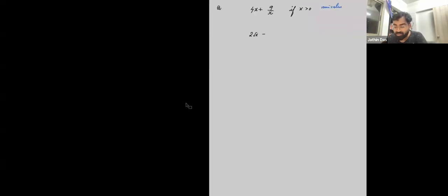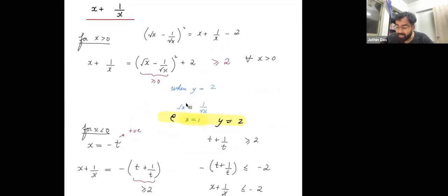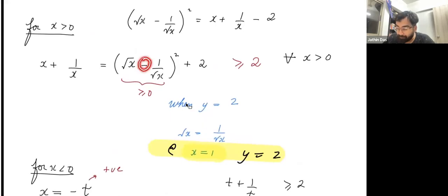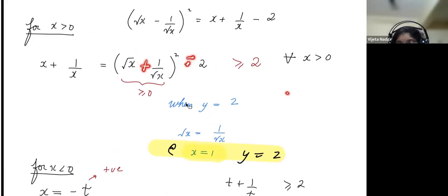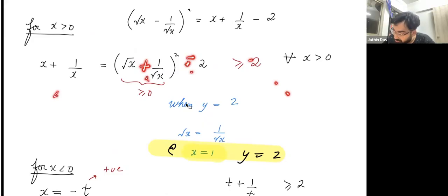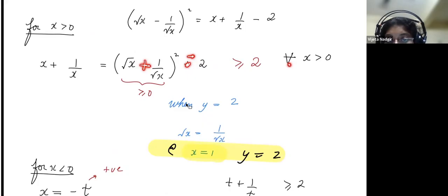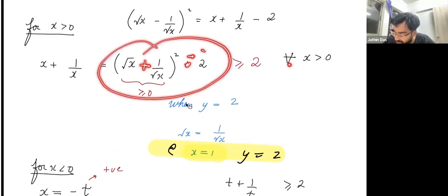I've told you the reason also during one discussion. Why did I put this minus? Why not plus? If it were plus, this would be minus 2. So this whole thing is greater than or equal to minus 2.